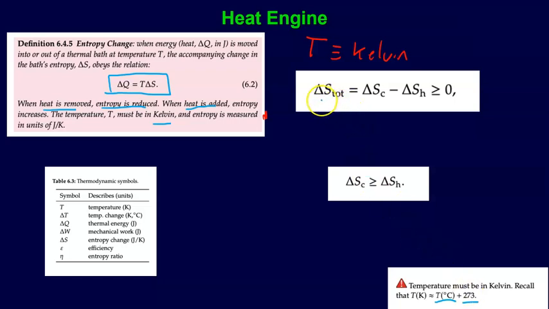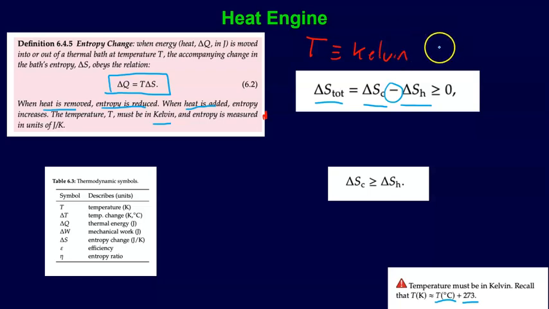And so when we have a heat engine, the total entropy is going to be the entropy change for the cold reservoir and the entropy change for the hot reservoir. The hot one is negative, because it's losing heat, and so it decreases its entropy. It gets more ordered. The cold reservoir has heat added to it, so it gets more disordered.